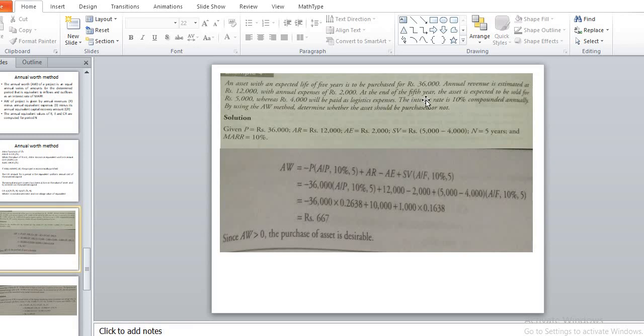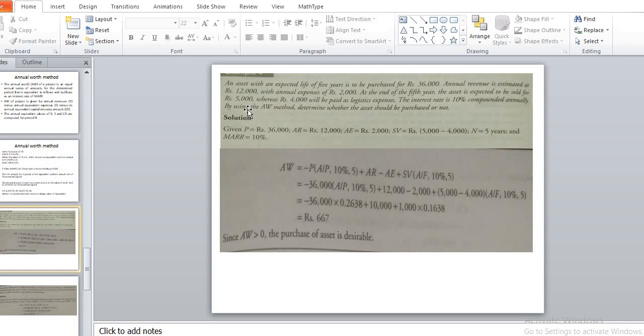At the end of the 5th year the asset is expected to be sold for 5,000, whereas rupees 4,000 will be paid as logistic expenses. The interest rate is 10% compounded annually. Using the annual worth method, determine whether the asset should be purchased or not.